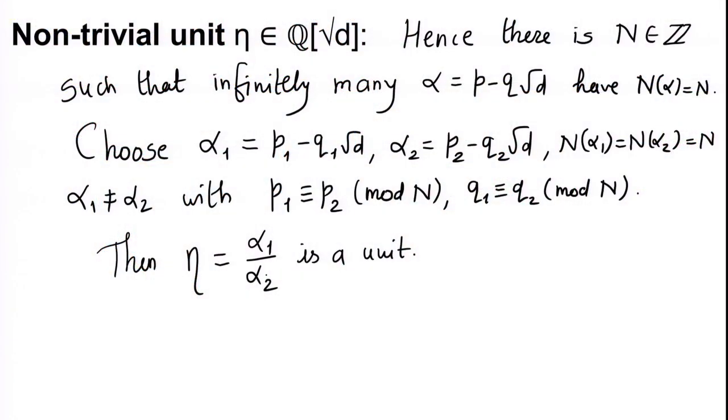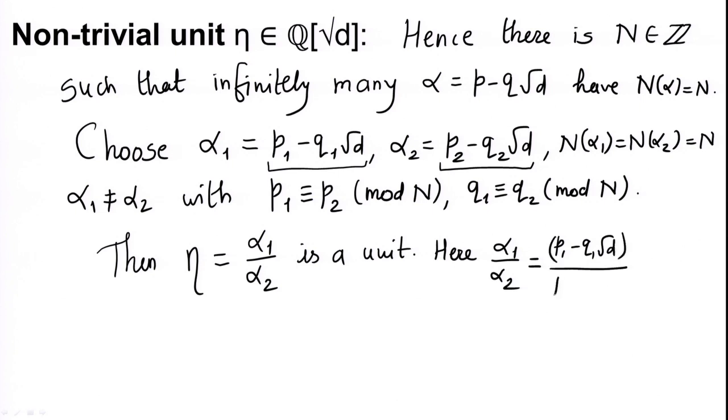So, we simply compute alpha 1 upon alpha 2. So, alpha 1 is p1 minus q1 root d, alpha 2 is p2 minus q2 root d. So, this is p1 minus q1 root d upon p2 minus q2 root d, but we simplify this by multiplying by the conjugate of the denominator on both sides.